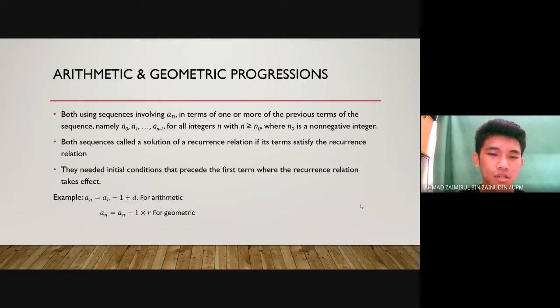Both sequences are called a solution of a recurrence relation if their terms satisfy the recurrence relation. And last, they need an initial condition, which means the first term that precedes where the recurrence relation takes effect. For example, for arithmetic, an equals an minus 1 plus d, and for geometric, an equals an minus 1 times r.